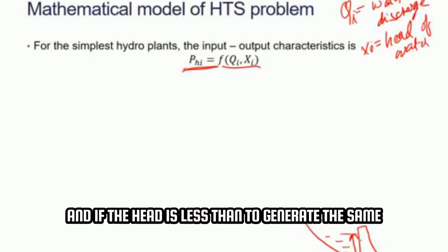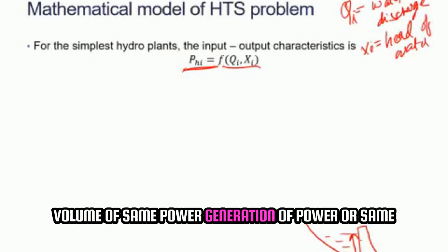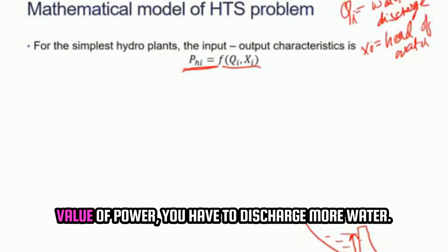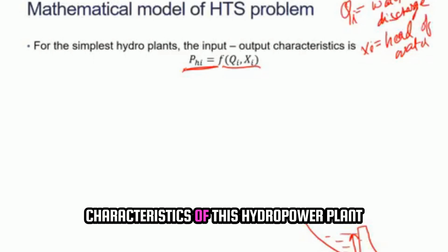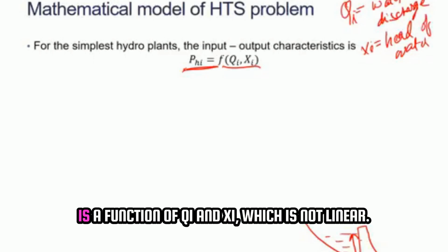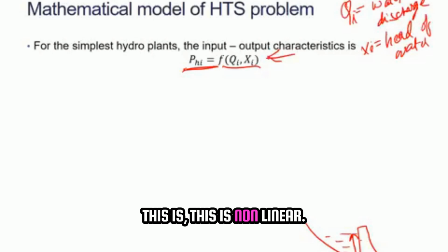And if the head is less, then to generate the same value of power, you have to discharge more water. So you can imagine here that the input-output characteristic of this hydropower plant is a function of Qi and Xi, which is not linear. This is non-linear.